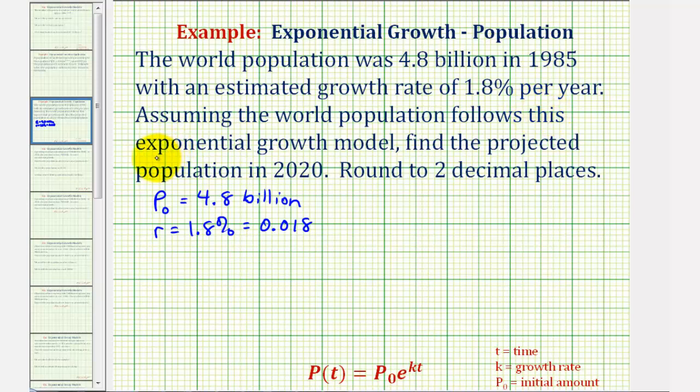And we're asked to find the population in the year 2020, where the given information is from 1985. So t would be the number of years after 1985, which would be 2020 minus 1985, which is equal to 35. So we want to find P of 35.